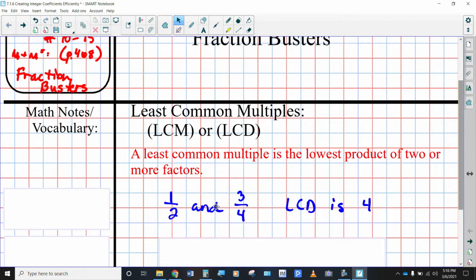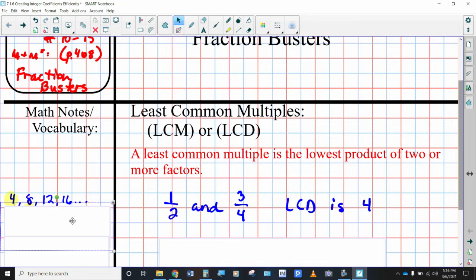So if I were to take two fractions, 1/2 and 3/4, to find the least common denominator of those two fractions, I would start with the number 4 and list the first few multiples of the greater denominator, and then check to see, all right, does 2 go into 4? Yeah, it actually does. So 4 would be our least common denominator, and we can change this to 2/4, and keep this as 3/4, and then we can do work with it.